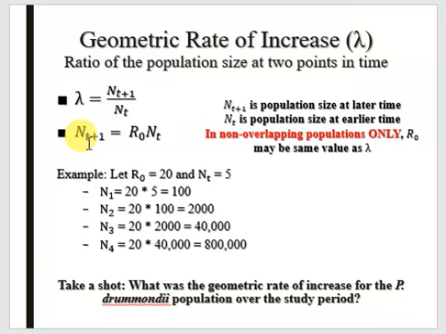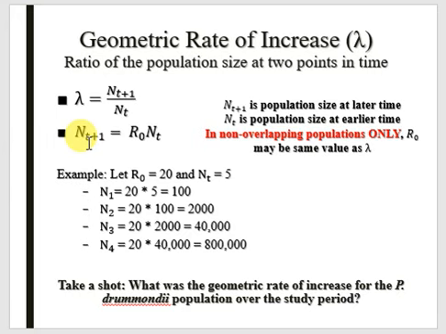You find this by multiplying the net reproductive rate, or RO, by a value called Nt. Nt is the population size at an earlier time, right? So maybe at generation 1, there's a population size of 100.